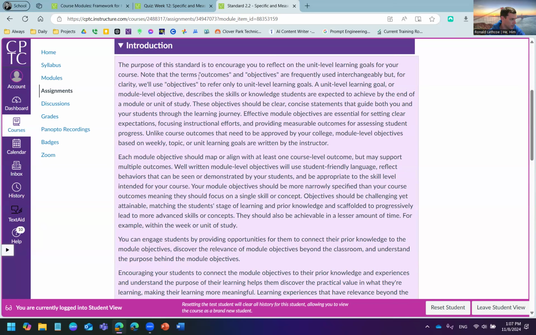As it says here, outcomes and objectives are sometimes interchangeable, but I would use objectives more at the unit level, more specific than the course learning outcomes, which are done at the end.